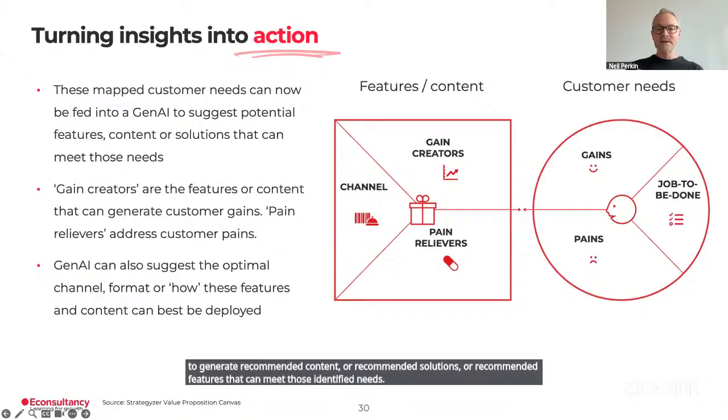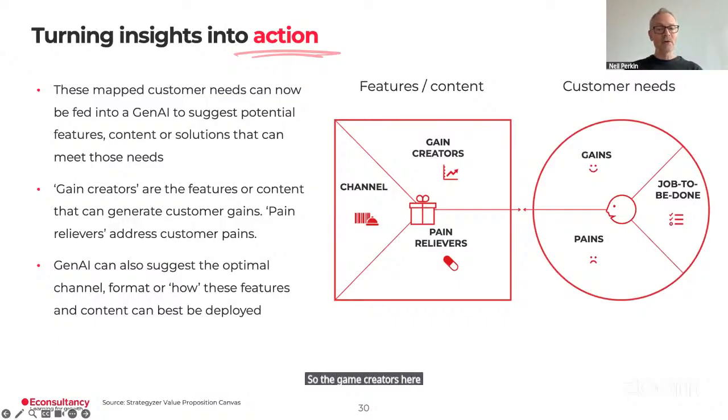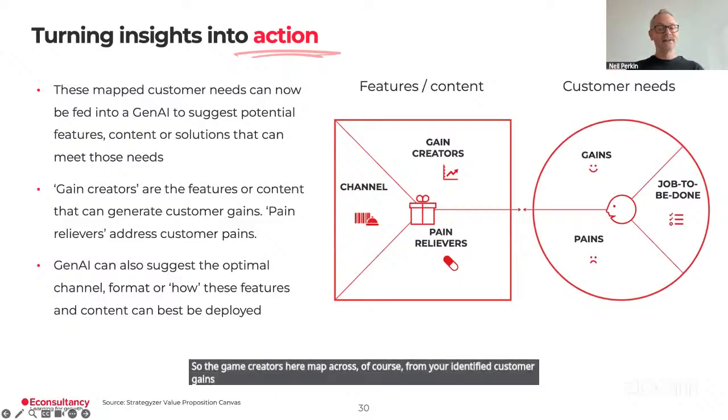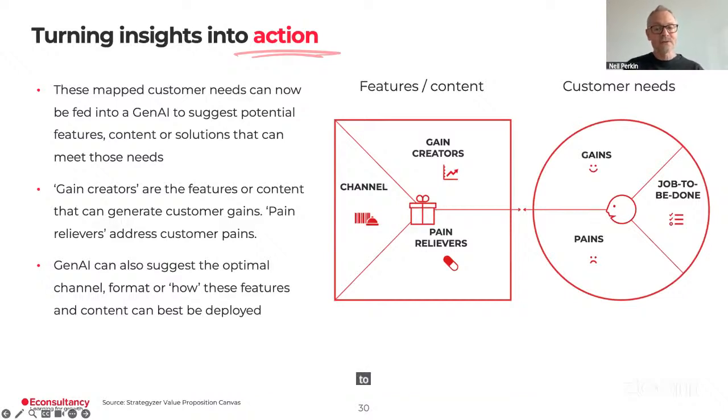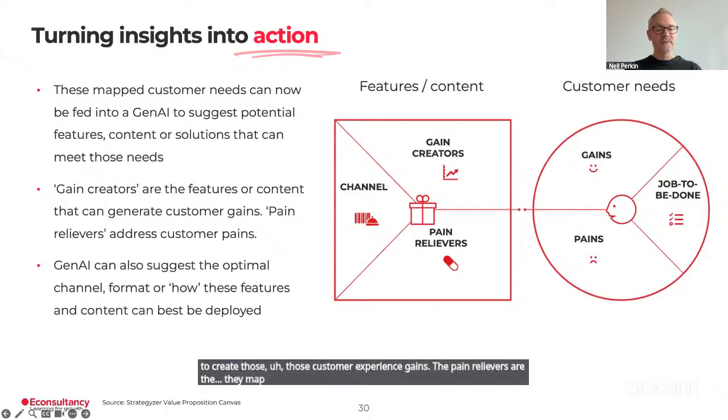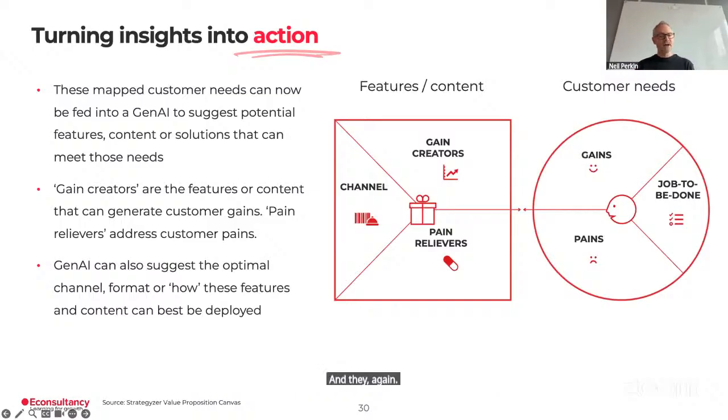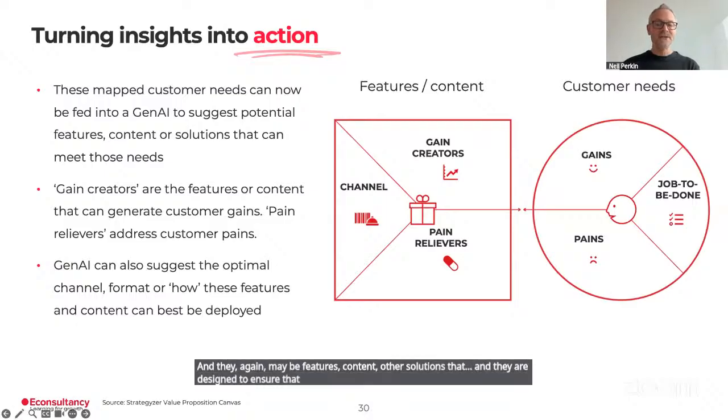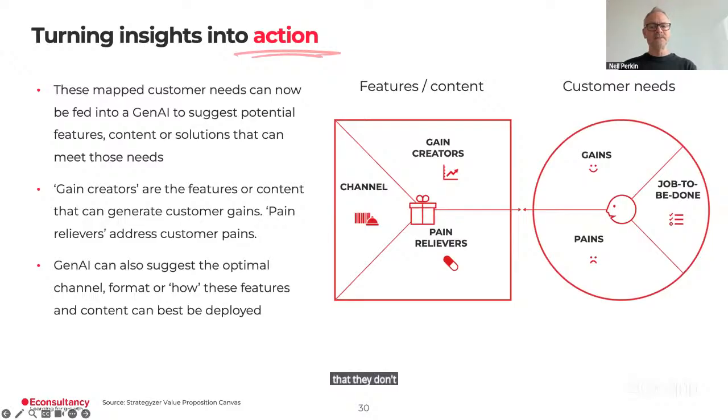So the gain creators here map across, of course, from your identified customer gains, and they are the features or the content that are going to help to create those customer experience gains. The pain relievers map across, of course, from your customer pain points, and they again may be features, content, other solutions, and they are designed to ensure that the customer pains don't become a problem, that they don't damage your customer experience.